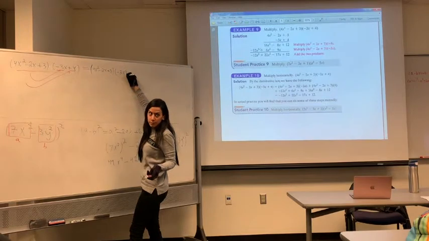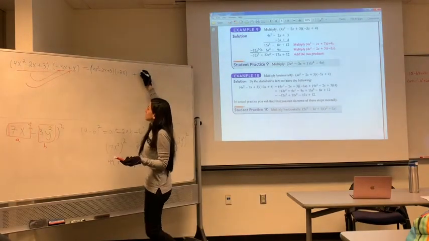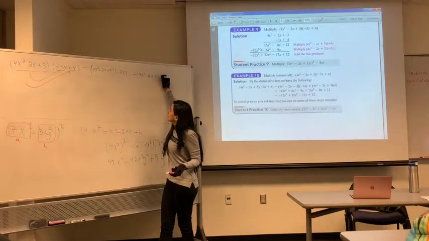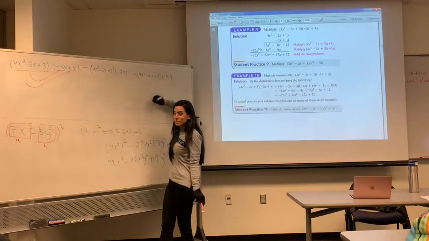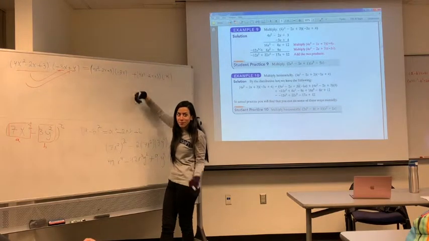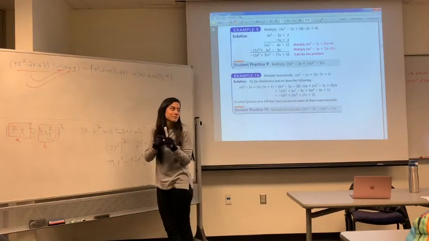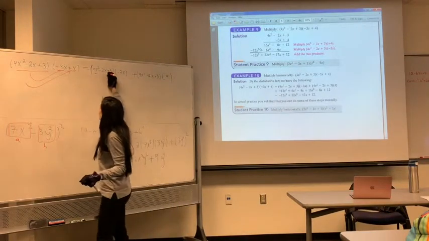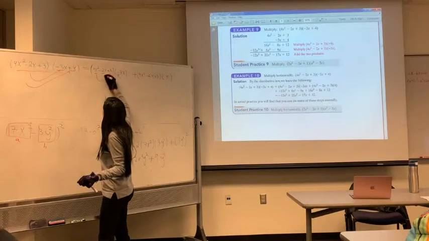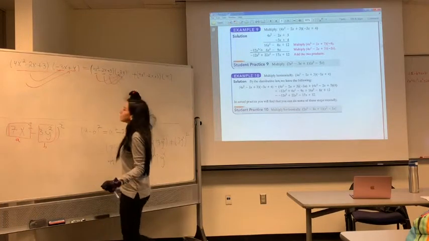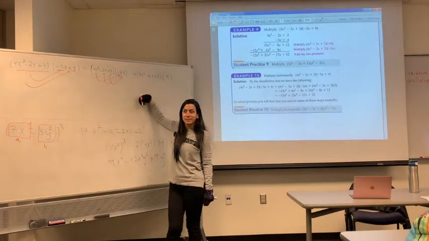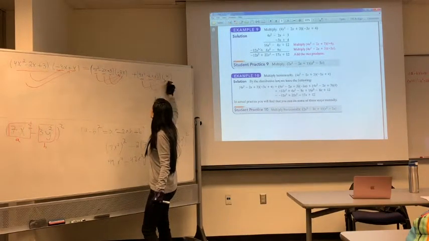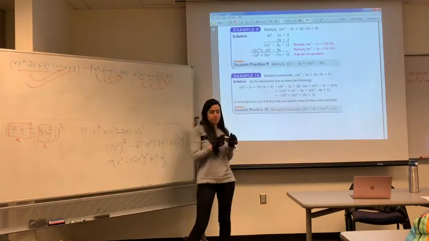Plus, again, this parenthesis multiplied by 4, right? Okay, so now you have 3 terms here. Each of them is going to multiply by this 3x, and here also the same thing, right?